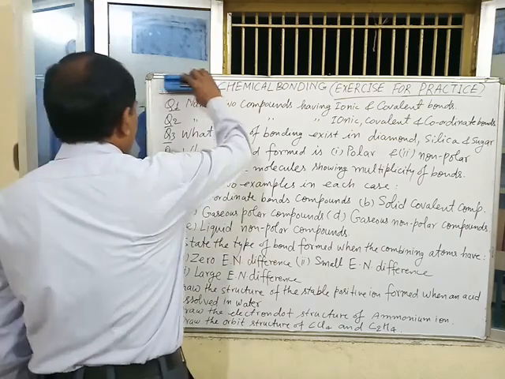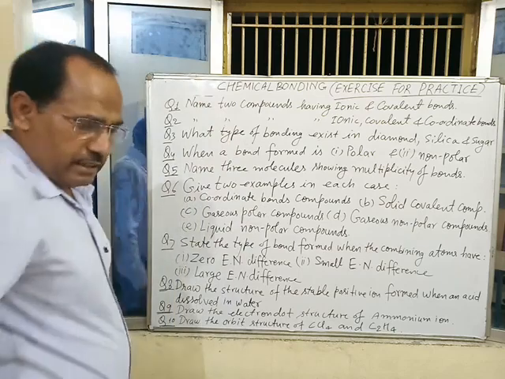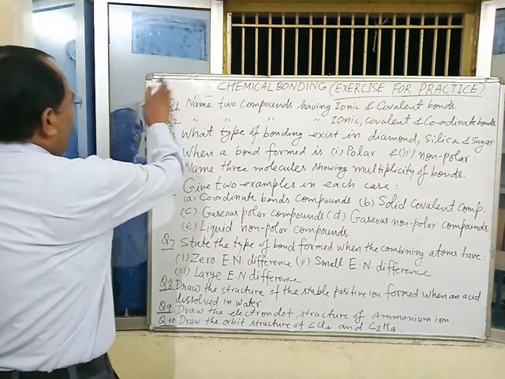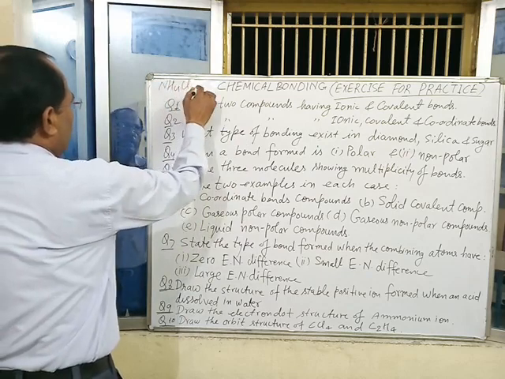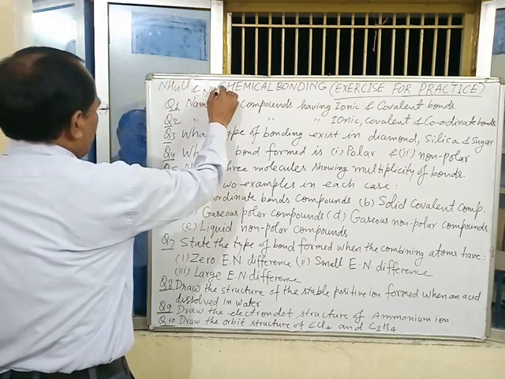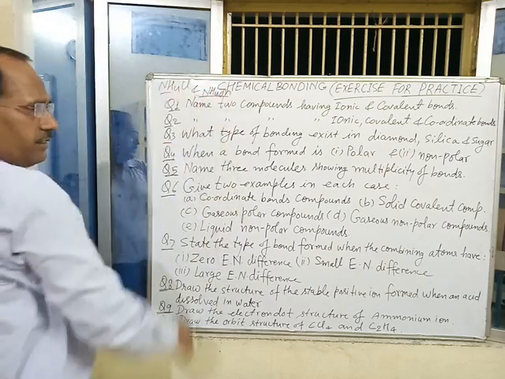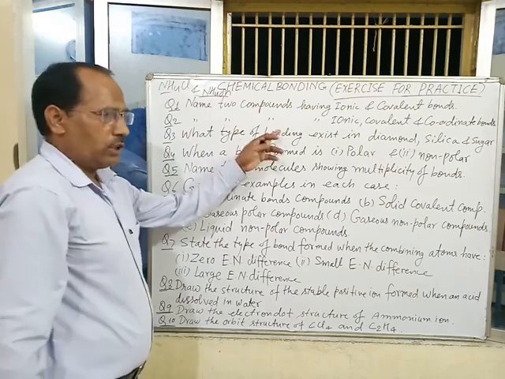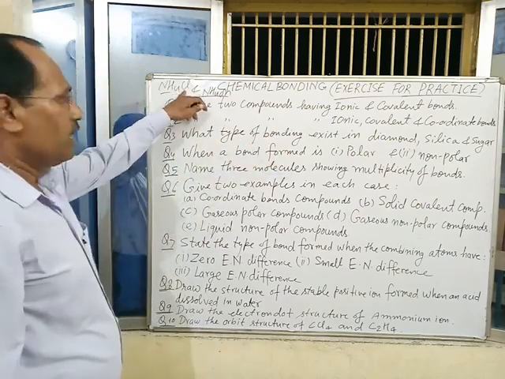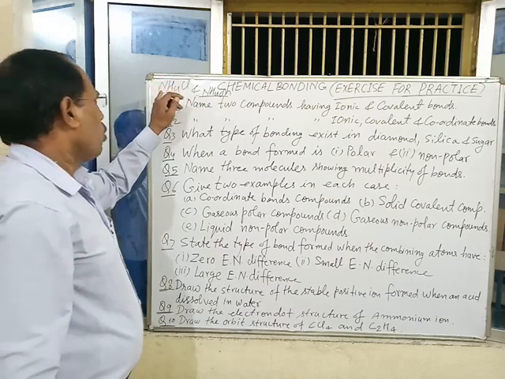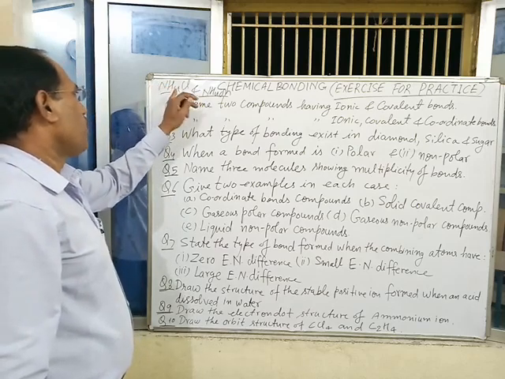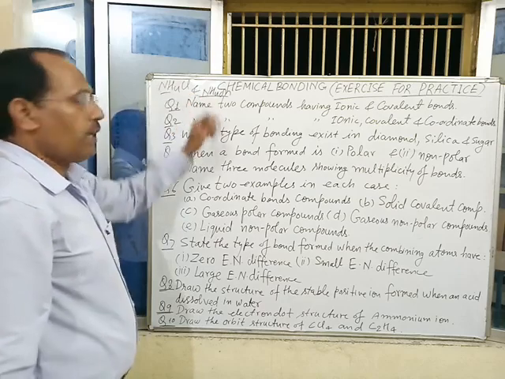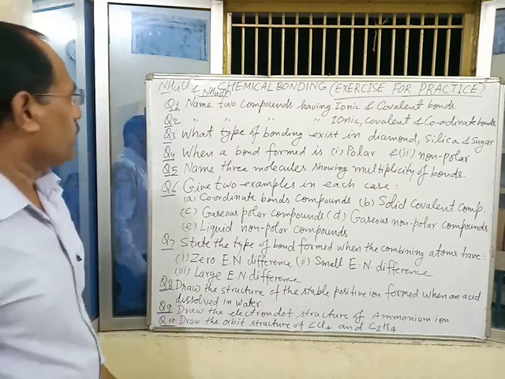But NH4Cl and NH4OH are the correct answers for this type of question. In NH4Cl, covalent, coordinate and ionic bonding, all types of bonding are present in NH4Cl and NH4OH.